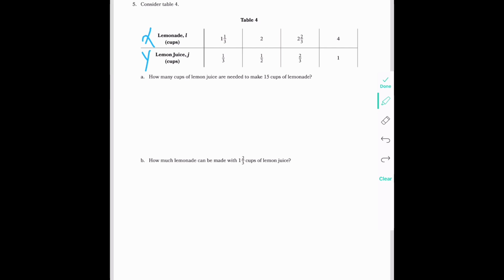All right, so since we already had our equation, which allows us to play with different numbers, it says how many for 15 cups of lemonade. So I know cups of lemonade is represented by L, so that would be 1/4 times what? Times 15, which should give me how much lemon juice I need for 15 cups.